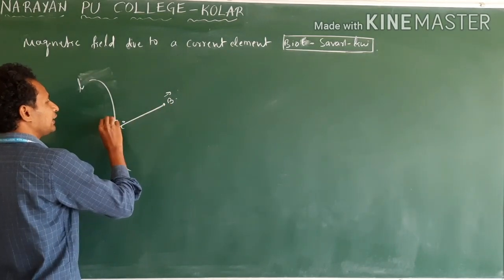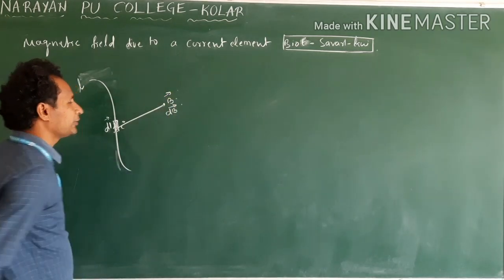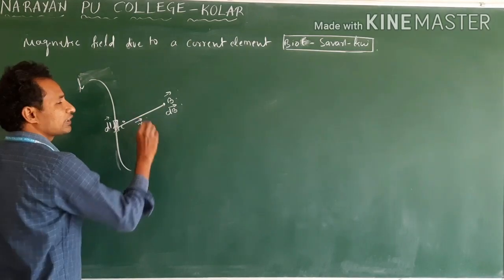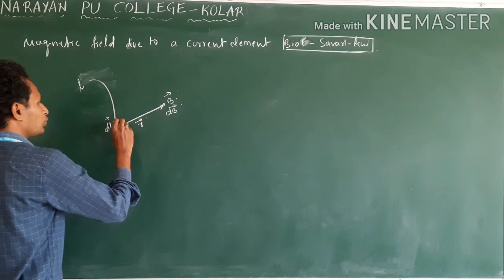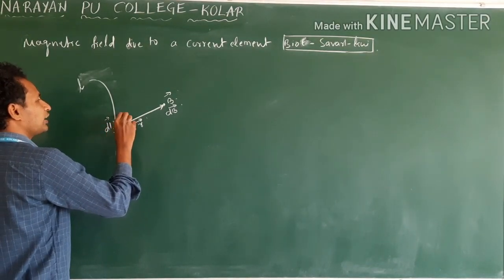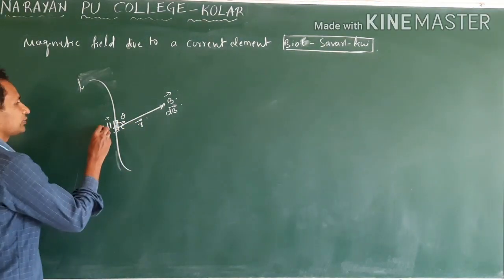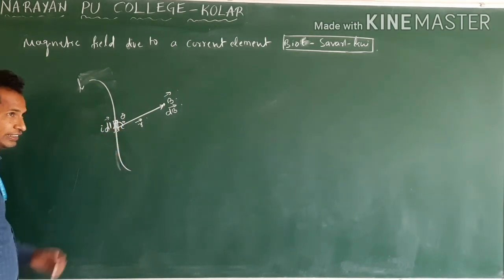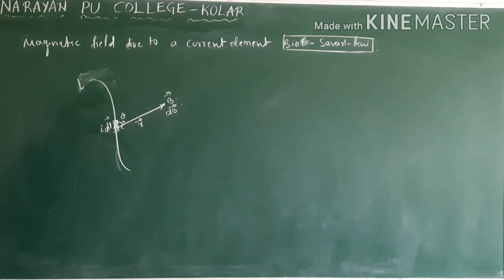Due to this dl, we will get a small field dB. This position vector, let us say r. The angle between the position vector and the small element is theta. The current passing through this element, I dl, we call a current element, a small current element.